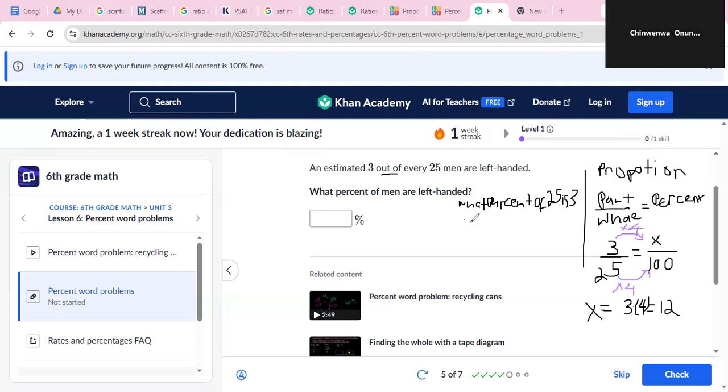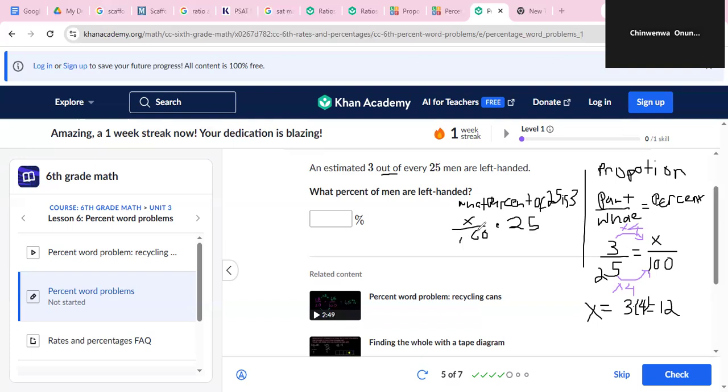So you would write it as X over 100. Of means multiply, X over 100 times 25. There's a times there. I'm just putting it down.